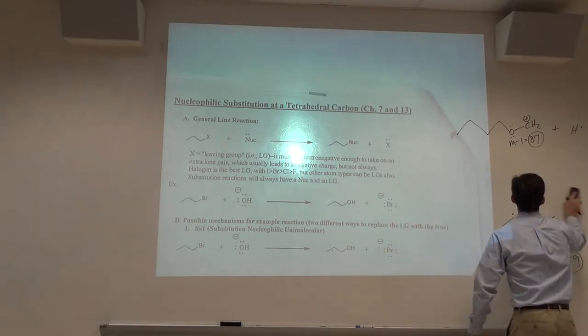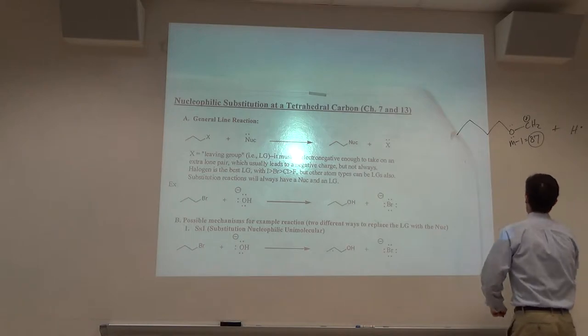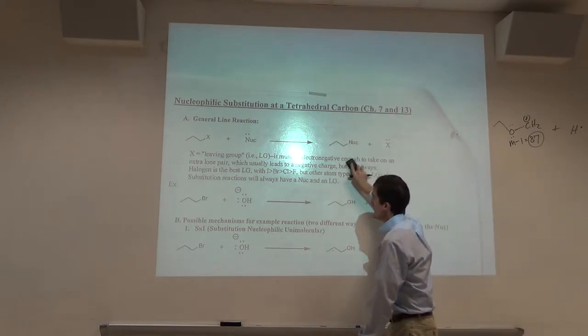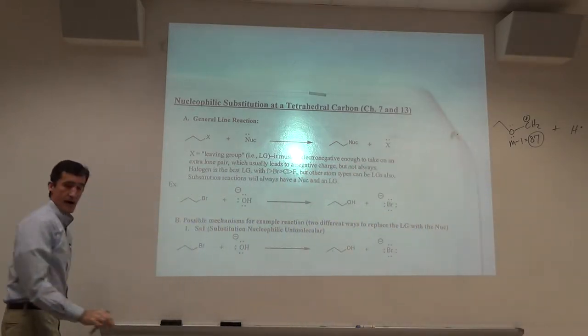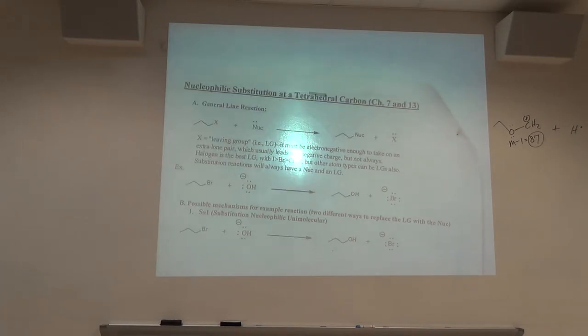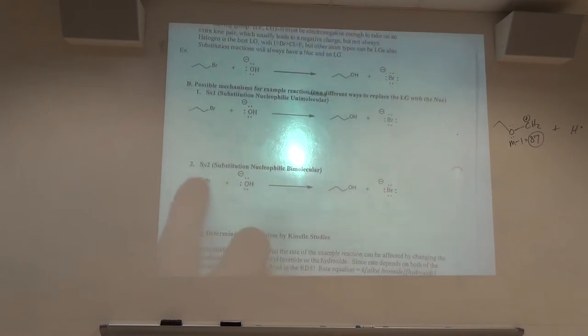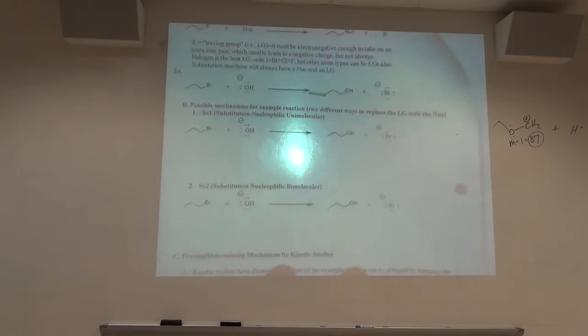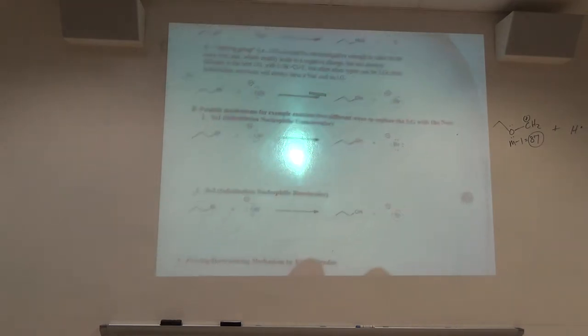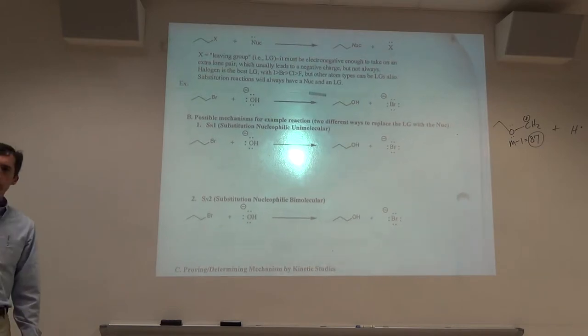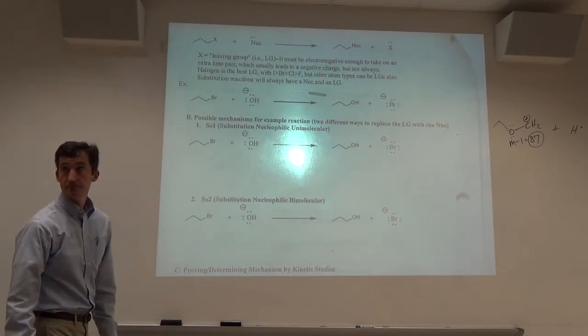So, what's the mechanism for this? I'm going to show two possible mechanisms. We're going to call them SN1 or SN2. I'm going to show two mechanisms, and then we're going to say, okay, which one is most likely the mechanism?